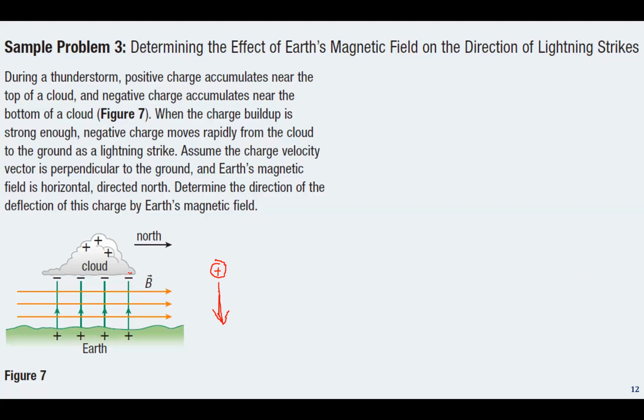But here we are considering the negative charge. Therefore, for a negative charge, the magnetic force should be in the opposite direction, which is pointing into the page, right? So if a negative charge is coming downwards from the cloud to the ground, the magnetic force exerted on it should be pointing into the page, which is the direction of west.